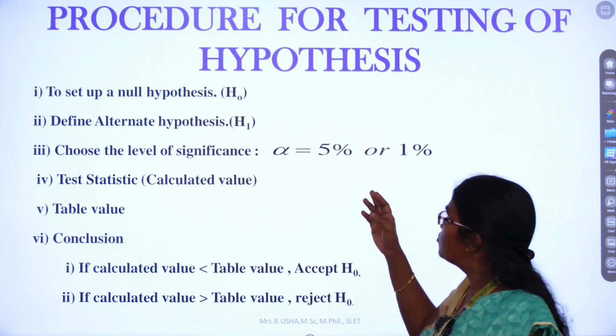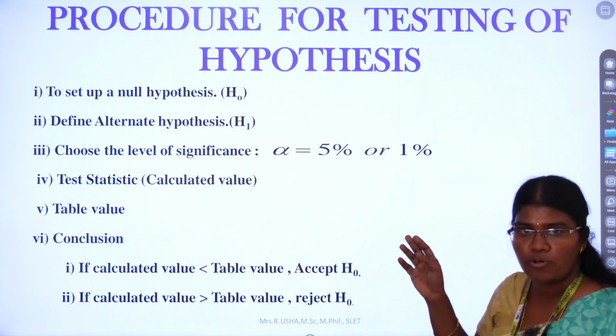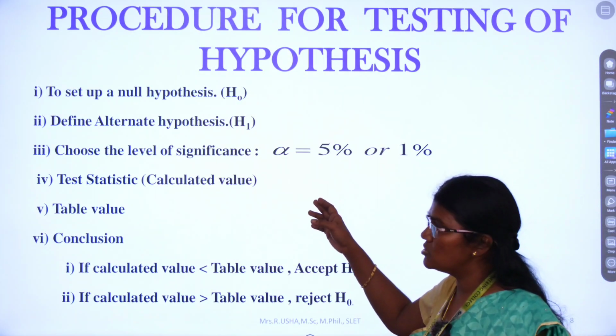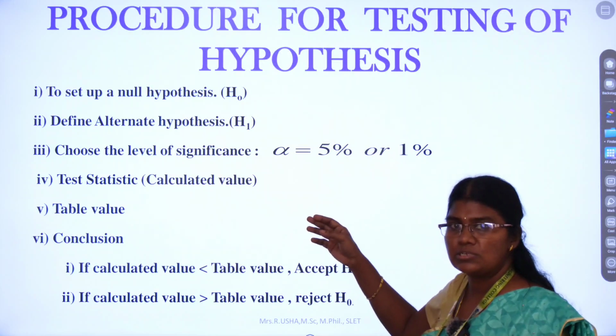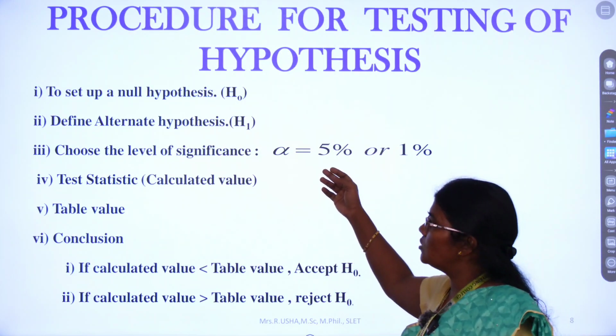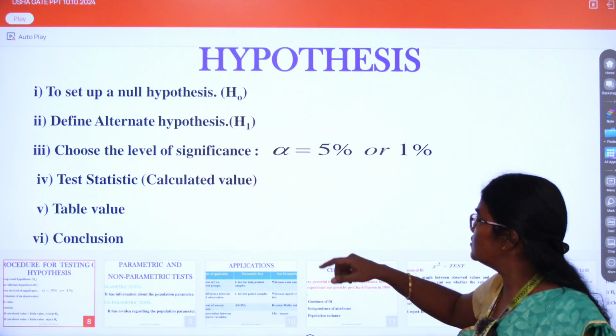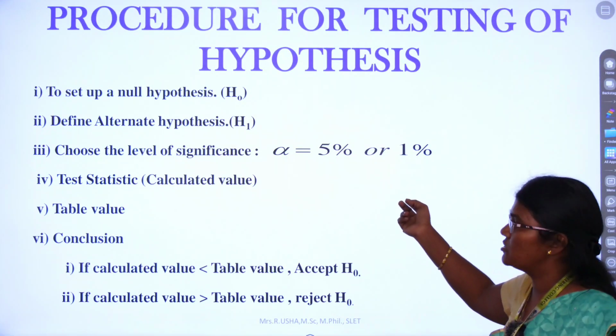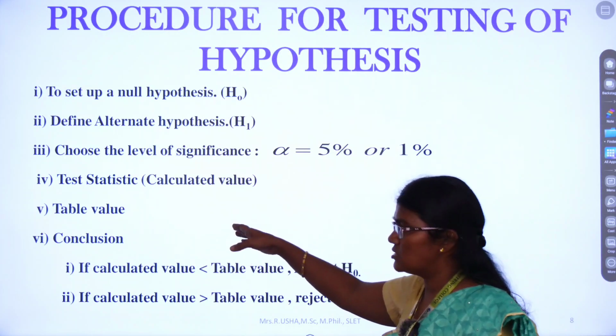Next, these are the procedures for testing of hypothesis. First, we set up a null hypothesis H0. Next, we define the alternate hypothesis H1. Next, we choose the level of significance alpha equal to 5% or 1%. Fourth, the test statistic.